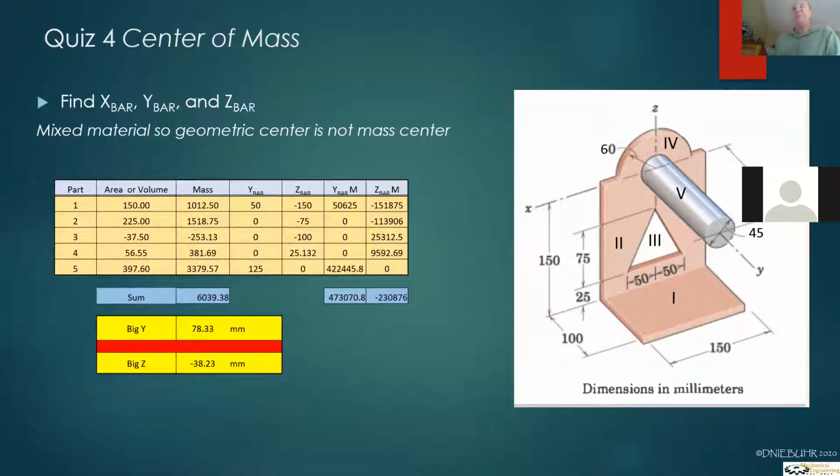You couldn't have just said that areas 2, 3, and 4 had an X bar of 0; you would have had to say they're 2.5, or half of that. I didn't want to make that complication, so I said to assume it's essentially 0.